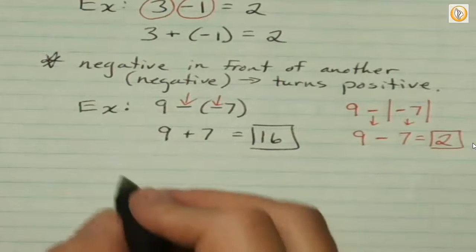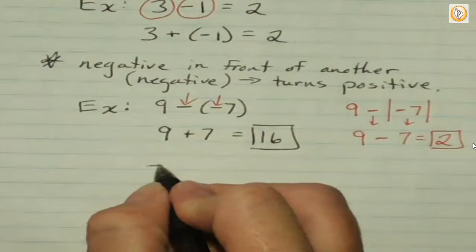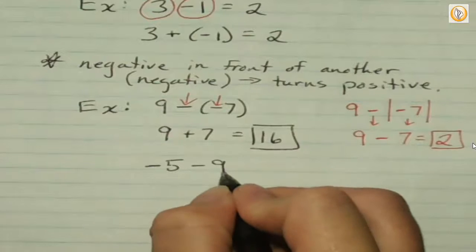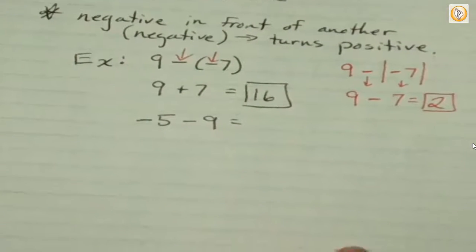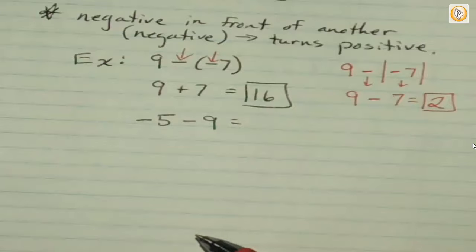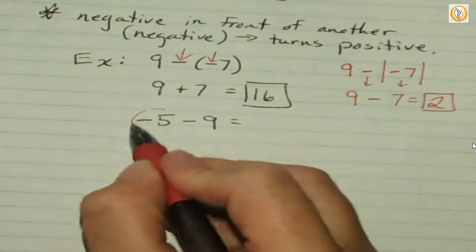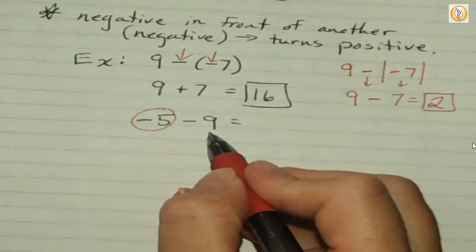Let's do another example. Emily, what sign is the 5? What sign is the 9?